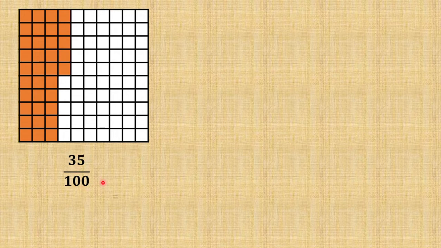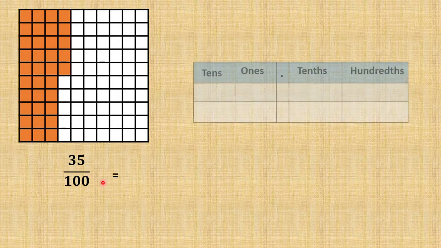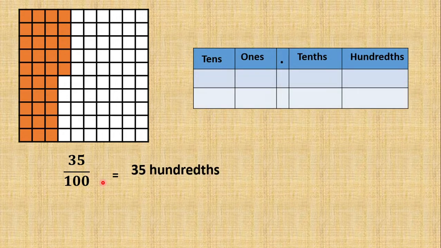We'll write this as in the word form, 35 hundredths. And the same thing, we'll be writing it in the place value chart. To write the same in the place value chart, we'll take the last digit of the number, that is 5, and put it in the hundredths place. The 3 will be in the tenths place.